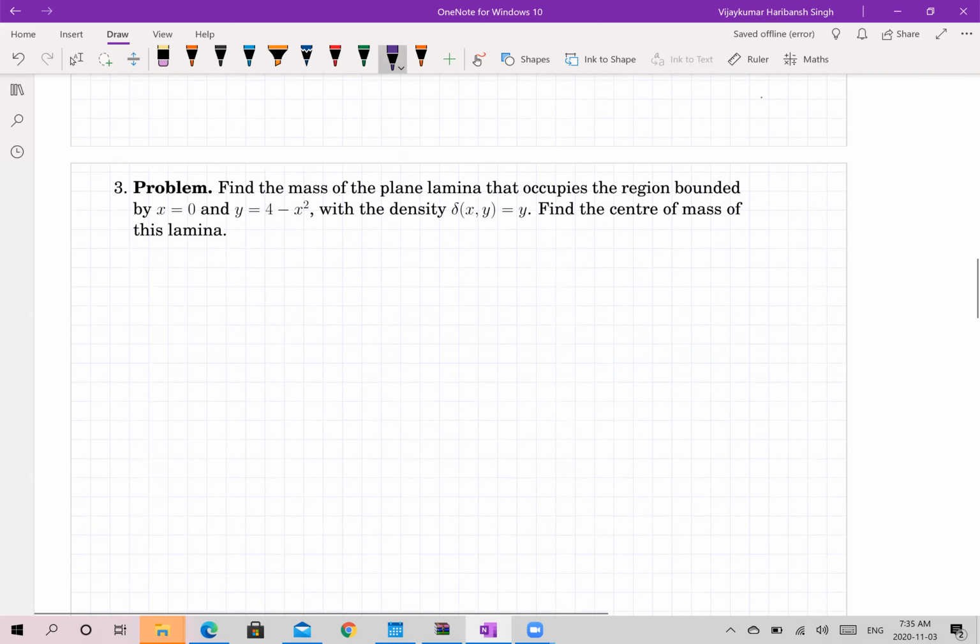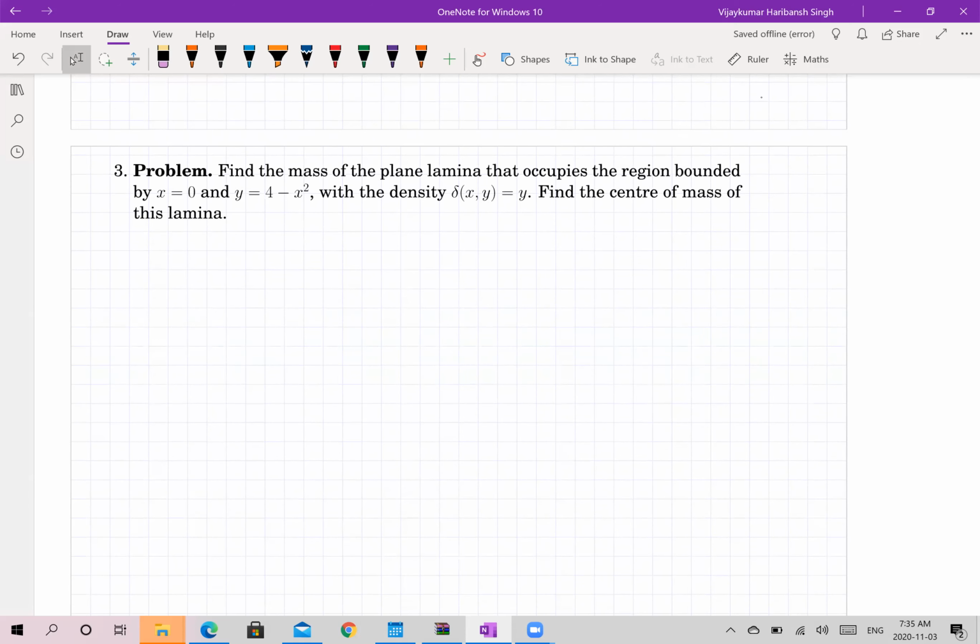So now let's look at the following problem. Find the center of mass of a plane lamina that occupies a region bounded by y equals 0 and y equals 4 minus x squared, with the density delta(x,y) equal to y.